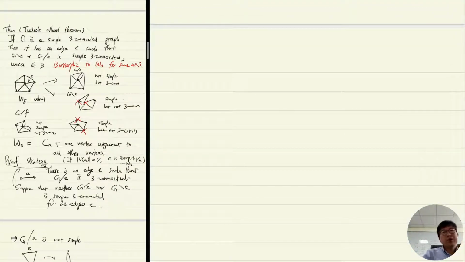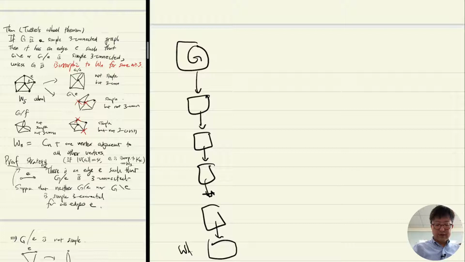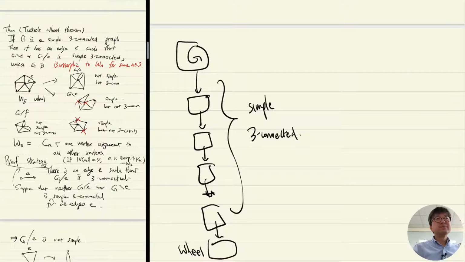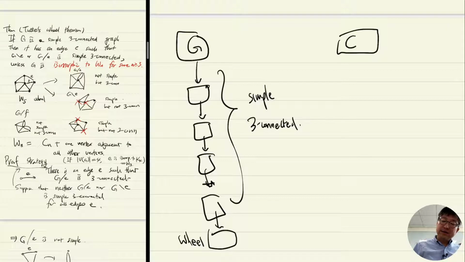Now, you may wonder what happens if I have a different target. So for instance, I have a graph G. Tutte's wheel theorem says that I can reduce, and I always end up with some wheel where all these graphs are simple 3-connected. So the question is, can I make a different target?